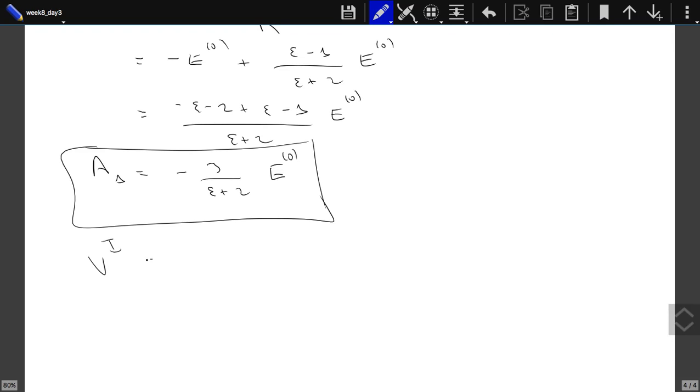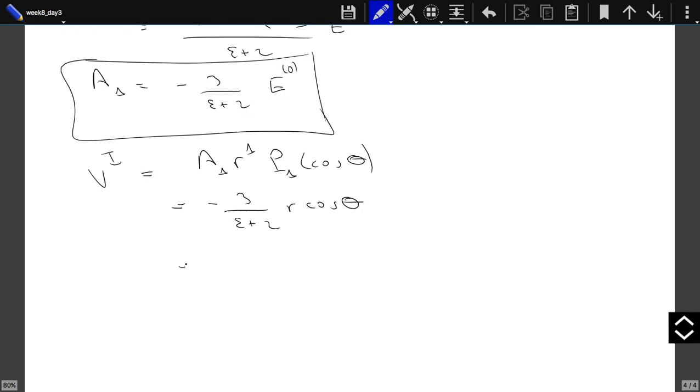This is equal to A1 times R to the 1 times P1 of cosine theta, which is equal to minus 3 over epsilon plus 2 R cosine theta, or minus 3 over epsilon plus 2 Z, times E0.